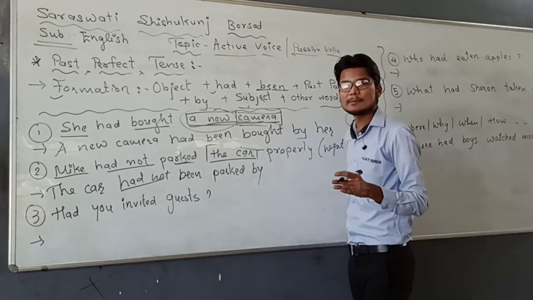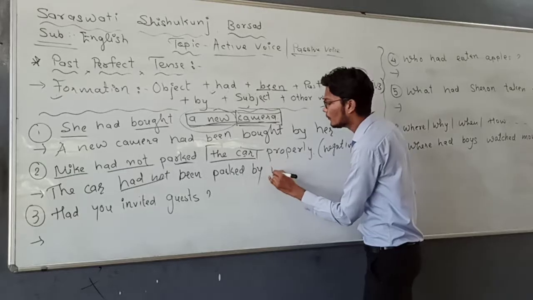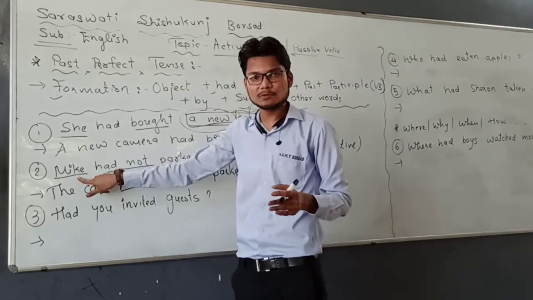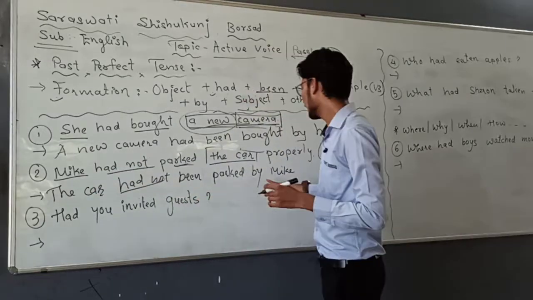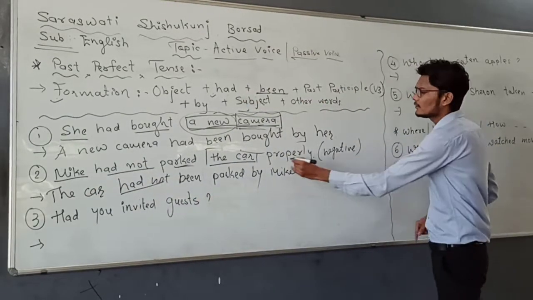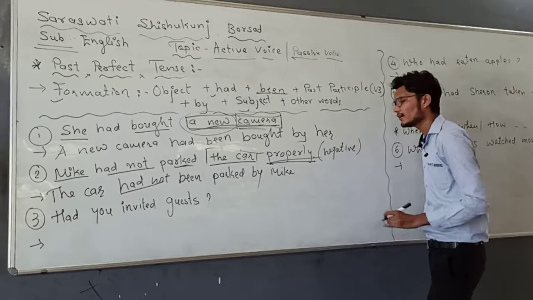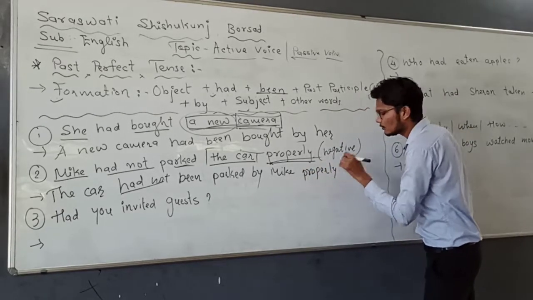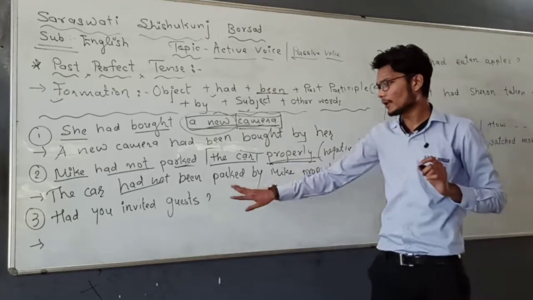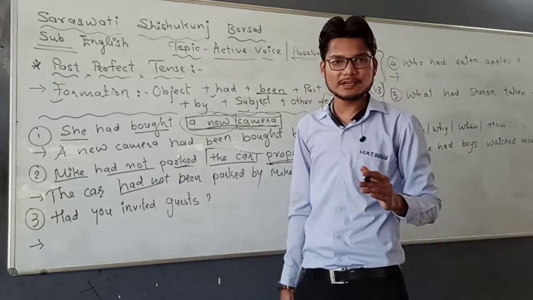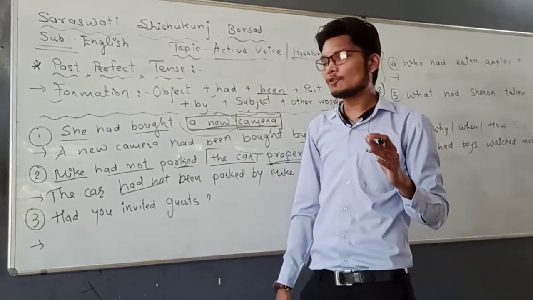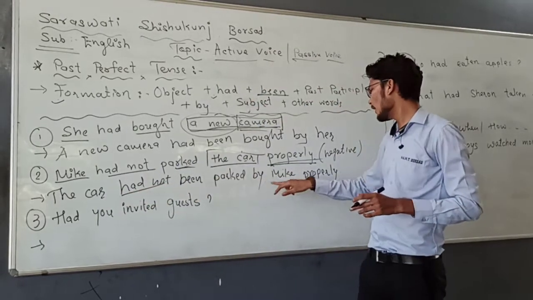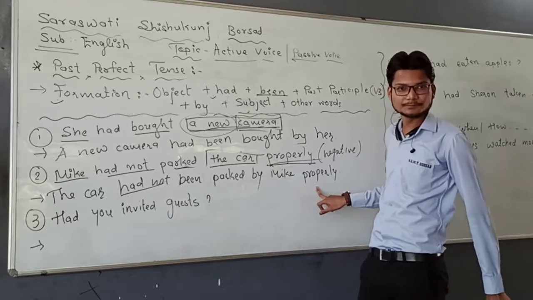The car had not been parked by Mike. Here the name is given, so you also have to put the given name, by Mike. And you can see some other words are there, so here, properly. This is how in a negative sentence the changes take place: the car had not been parked by Mike properly.